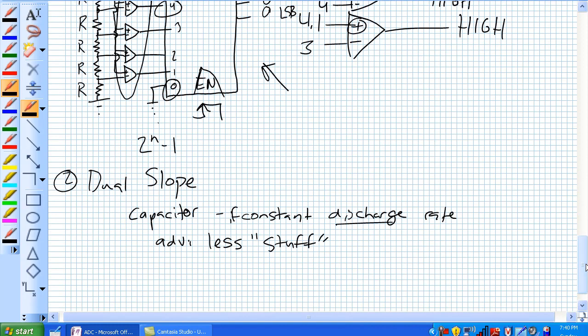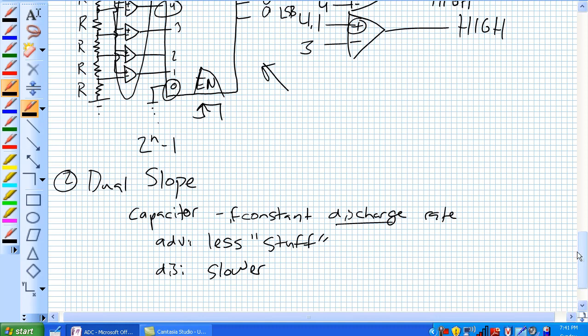Whereas this guy, it's just one circuit, basically, less stuff. Disadvantage, a lot longer to work, because if it's at a higher value, it's going to take that much longer for something to discharge, so it's slower than our flash method of analog to digital conversion.